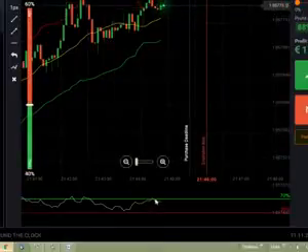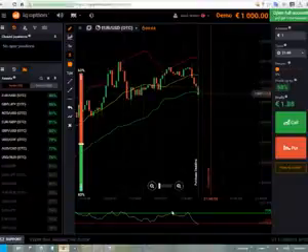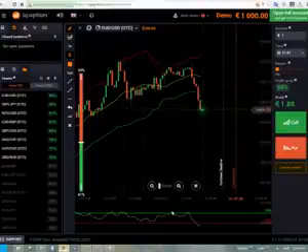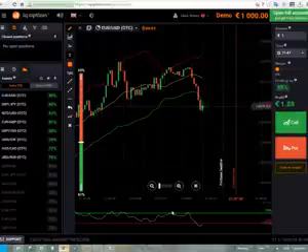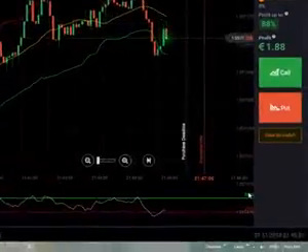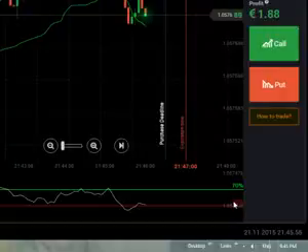What is the RSI? What is relative strength index or indicator? It is a technical momentum indicator that compares the magnitude of recent gains to recent losses in an attempt to determine overbought and oversold conditions of an asset. As you can see, on the RSI there are two lines. The first line is 70% and the bottom line is 30%.